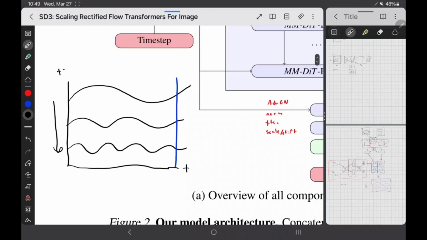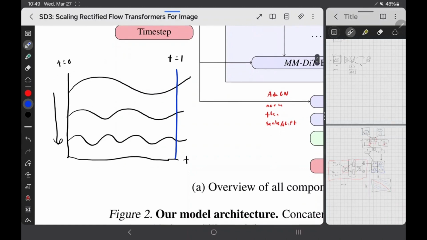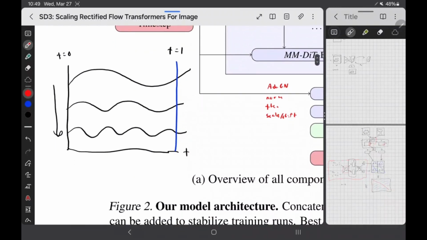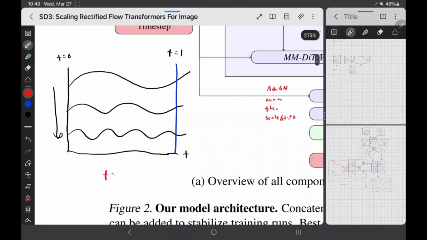What we can do is we can say this is t is equal to 0 and this is t is equal to 1. And we can essentially just sample the sinusoids at any time step in between. And that can represent a unique positional encoding representing that time step. So say we had like t is equal to 0.5. We can sample along this line here, giving us, say, 0, 1, and 0, something like that.